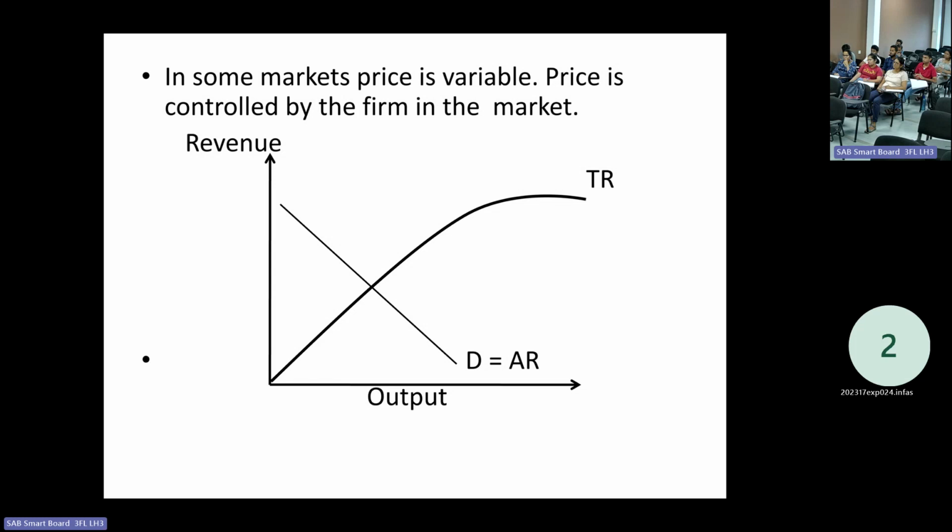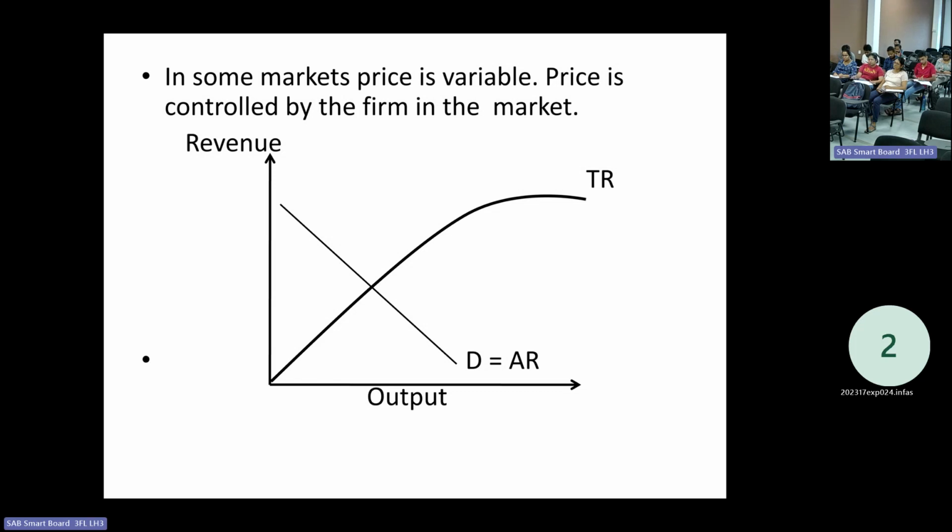So either price or the quantity can be determined. In such a situation, higher prices mean lower demand, so the demand curve is the normal demand curve. Also, price equals average revenue, but marginal revenue is something else.